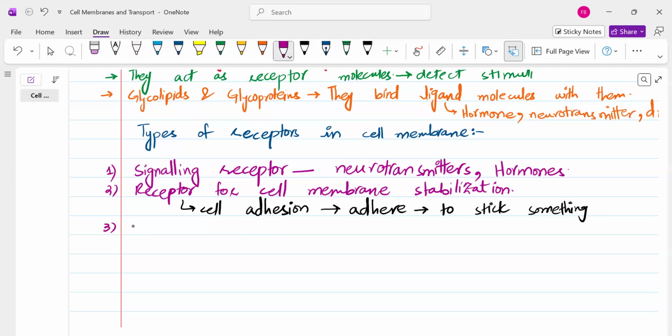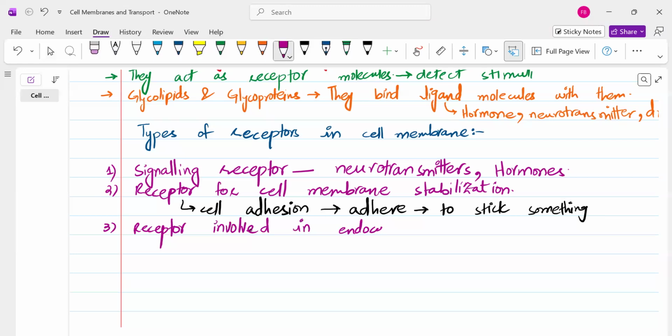Endocytosis. Now you cannot say you didn't study it in the IGCSE. You forget that, right? There are two things, endocytosis and exocytosis.